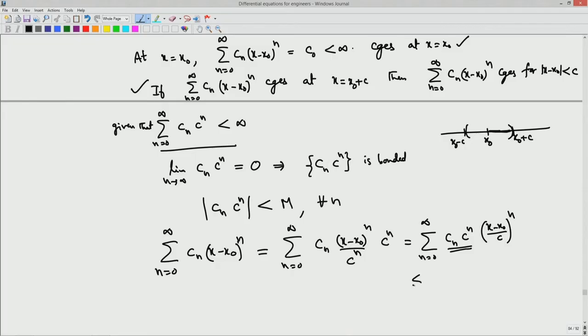So, this is less than or equal to M times the sum of x minus x naught by c, power n.